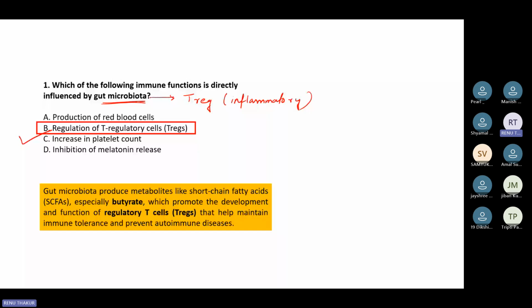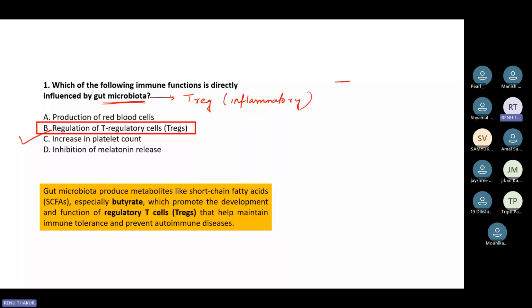T cells are of three types: T cytotoxic cell, T helper cell, and T regulatory cell. These T regulatory cells are involved in the inflammatory responses which our body provides whenever it encounters a pathogen. So our gut microbiota directly influences the regulation of the T regulatory cells.